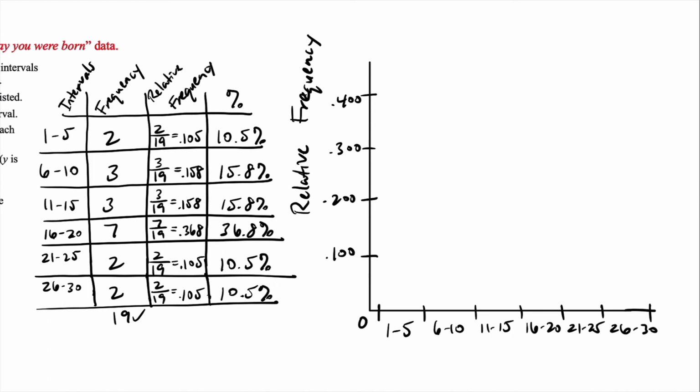The last part, you're just drawing the bars, drawing the bins, drawing the intervals. So interval 1 to 5 went up this much here. So I'm going to go up a little bit past 0.105 or 0.100. So that's a little bit above that. Okay, 6 to 10 was a little bit more.